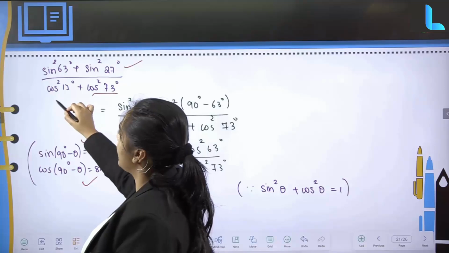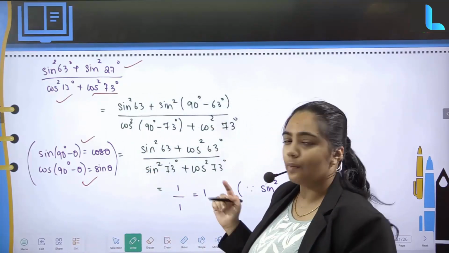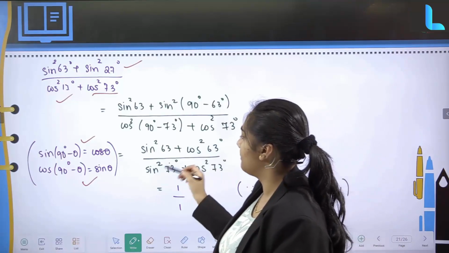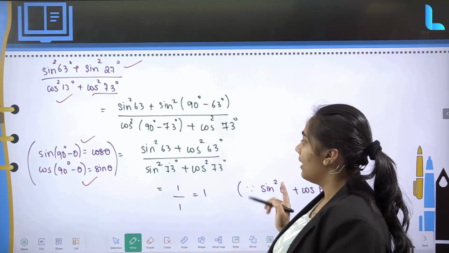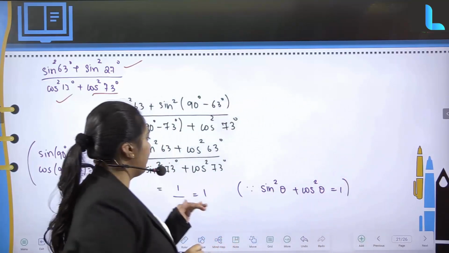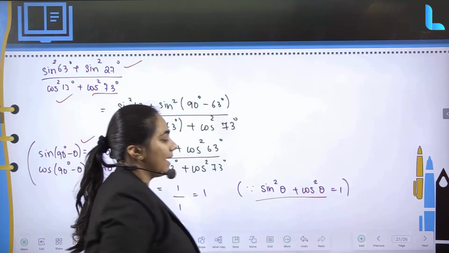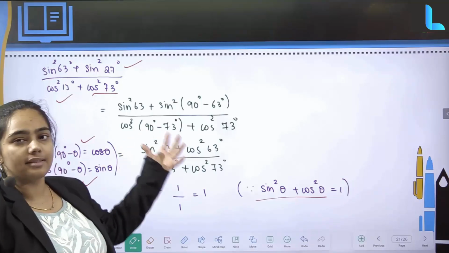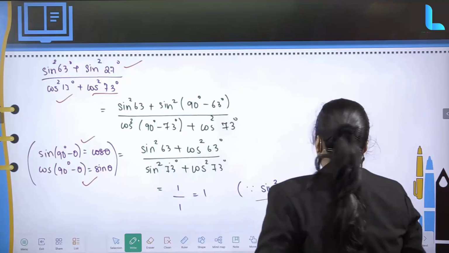When I'm doing that, I'll be getting sine square 63 plus cos square 63 divided by sine square 73 plus cos square 73 degree. This is what I'll be getting. If you observe the numerator separately and denominator separately, it is in the format of sine square theta plus cos square theta. So sine square theta plus cos square theta, anything, it is equal to 1. Therefore, 1 upon 1 is going to be equal to 1.